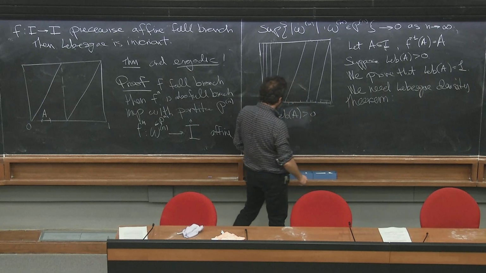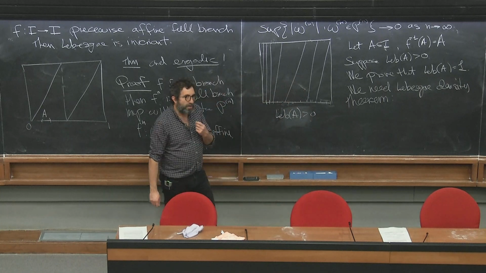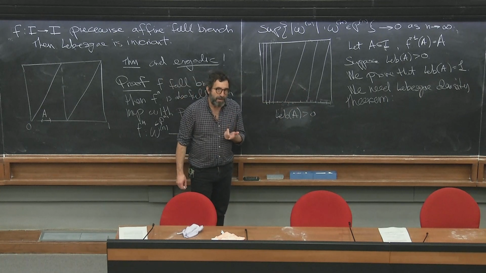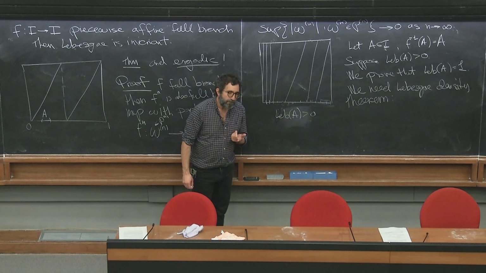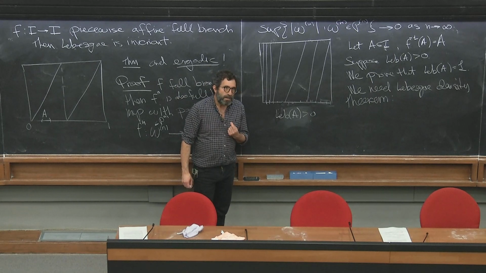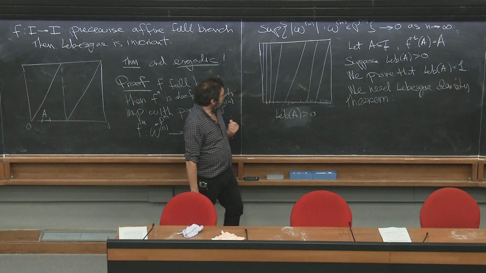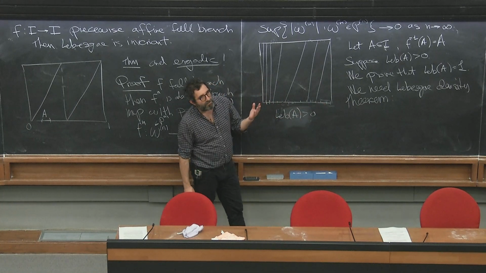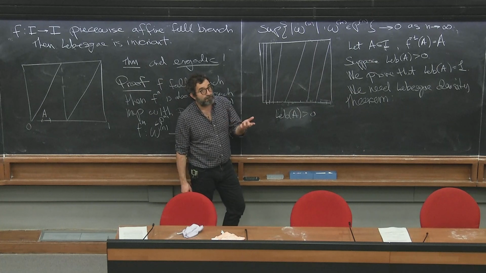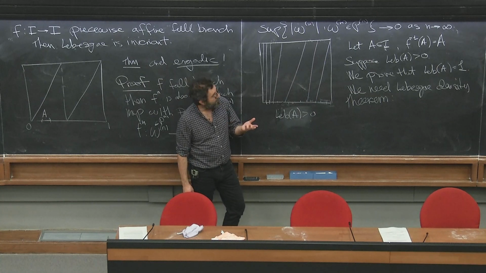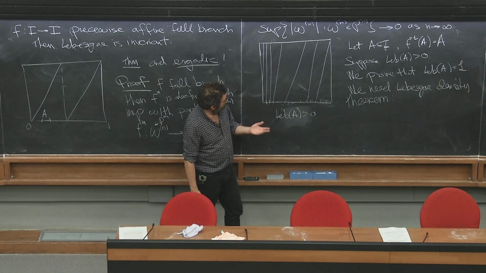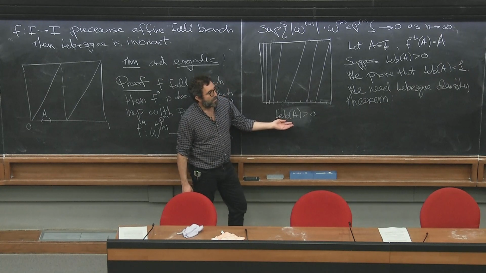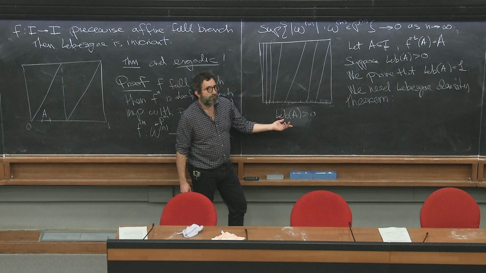And now the question that the Lebesgue density theorem addresses is, how is this measure distributed at different scales? So suppose that the measure of A is 1/2, for example.